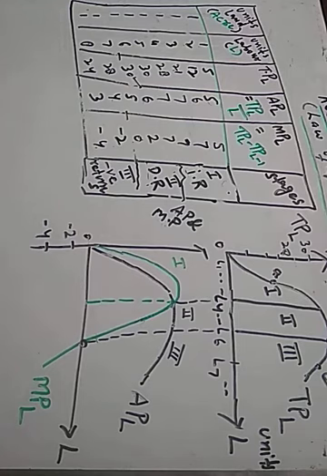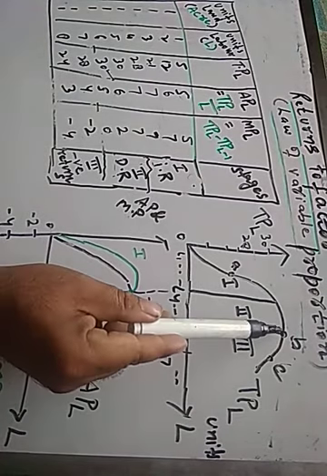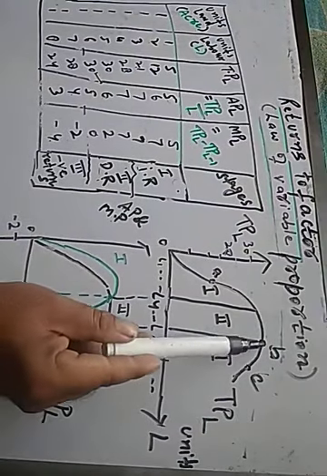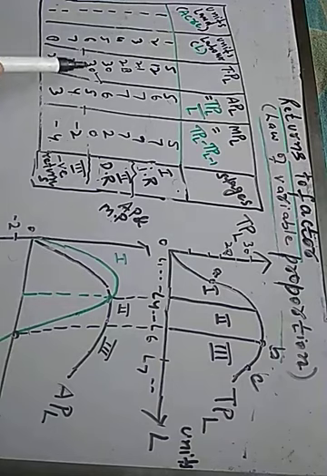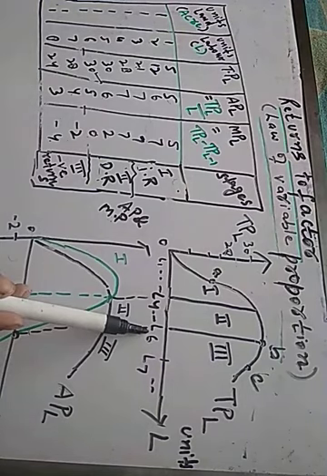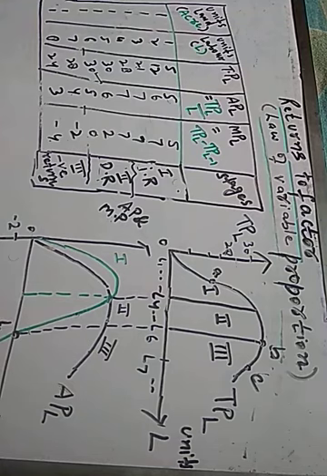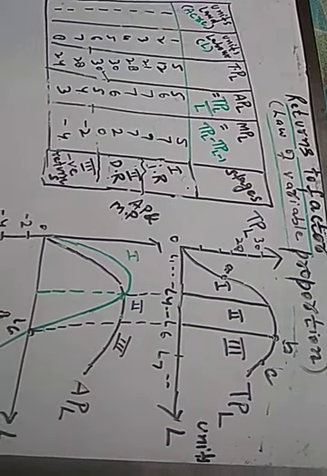The important point in this graph is that when total product of factor is maximum, this 30, when 6 units of labor is employed. This is L6. Some points I will draw in this graph, not all pointers.